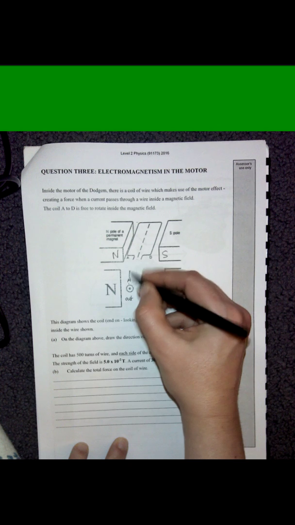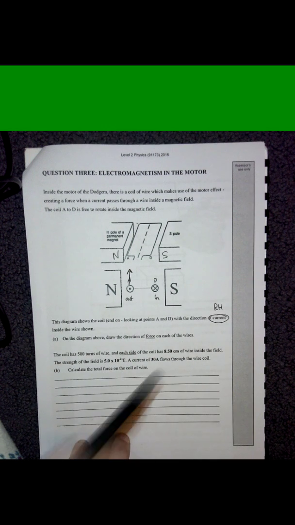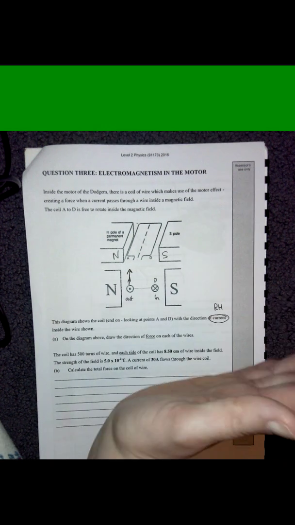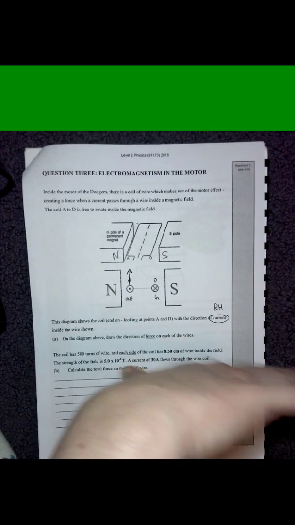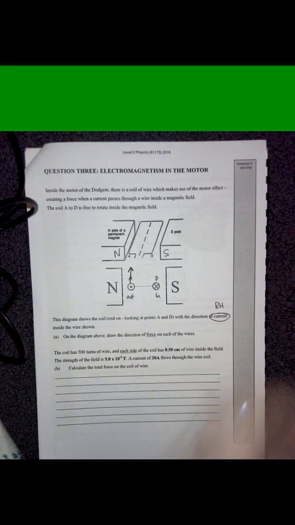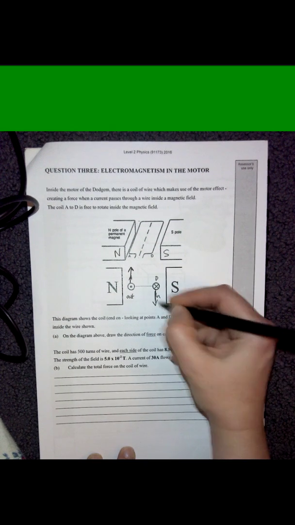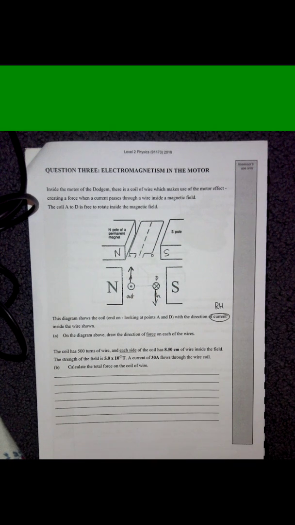So the force on this bit should be up the page. With the other side of the wire, the magnetic field is in the same direction, but this time your current is into the page, so your slap is going to be down the page. So your force is going to be down the page here. Putting those two on actually got you a merit. It's pretty straightforward. Once you've got one right, the other one's going to drop out pretty easily.